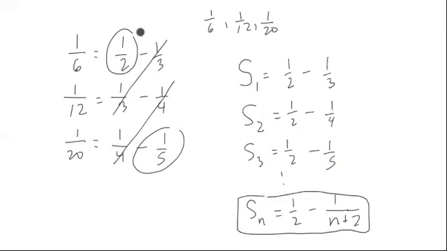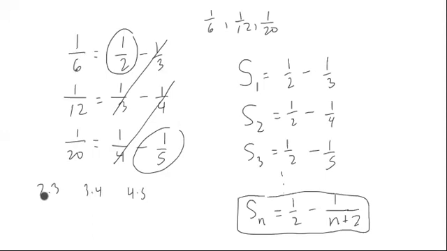Now, maybe you wouldn't have noticed, first of all, that 1/6 was 1/2 minus 1/3, 1/3 minus a fourth, and so forth. But perhaps we could have seen that 6 is 2 times 3, and 12 is 3 times 4, and 20 is 4 times 5.